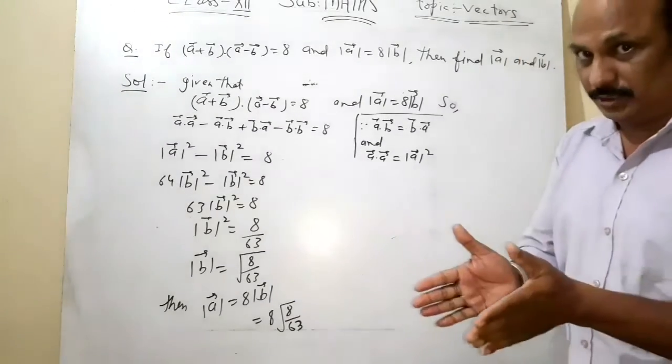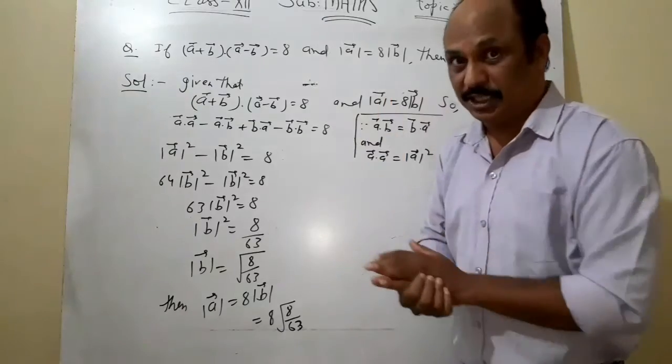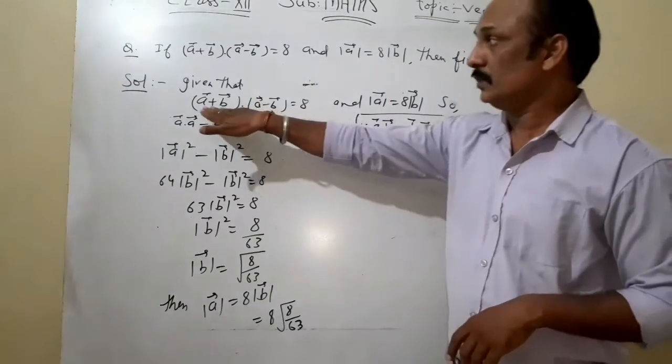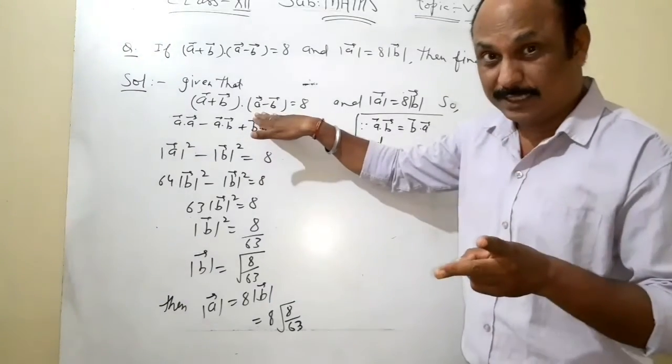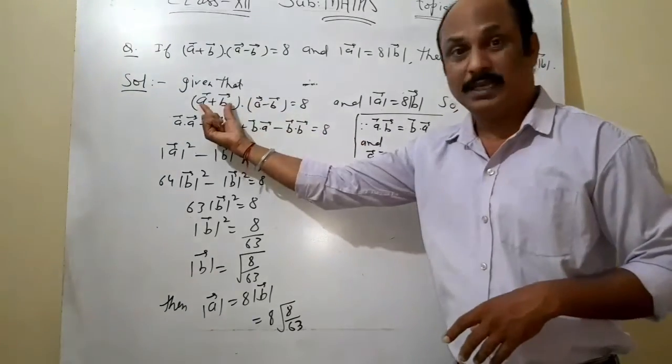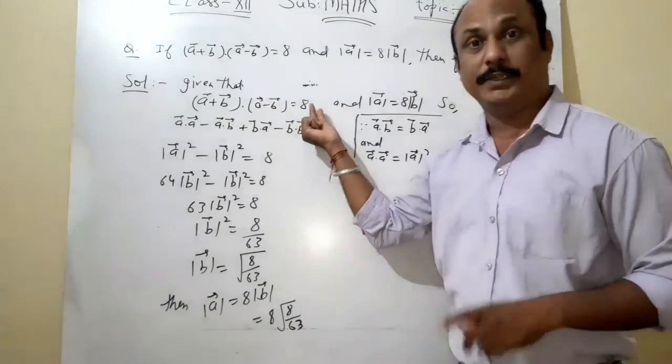For the solution, we take the given condition: the dot product of A plus B and A minus B is equal to 8.